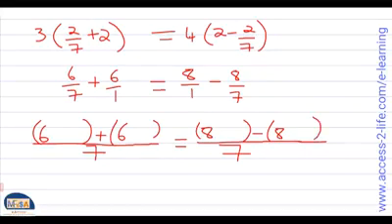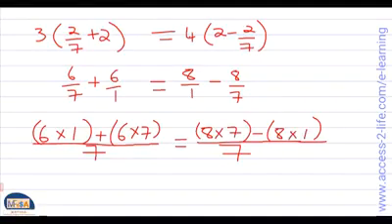So we check: 7 goes into 7 once, so we multiply the 6 by 1. Then 1 goes into 7 seven times, so multiply the 6 by 7. Then 1 goes into 7 seven times, so multiply the 8 by 7. Then 7 goes into 7 once, so multiply the 8 by 1.